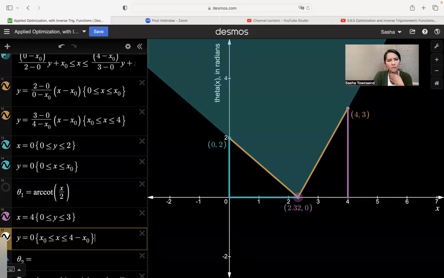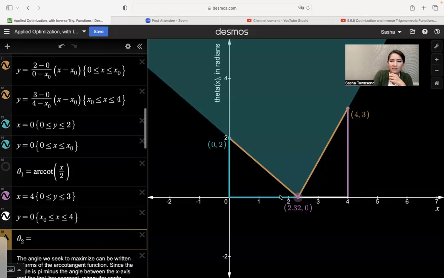I see that we can't quite do that, because if I have x naught greater than 2, then 4 minus x naught is going to be smaller than x naught. I'm sorry, the upper bound is just 4. So x starts at x naught and ends at 4, and the length of the line segment is 4 minus x naught. Sorry about that. I hope that makes sense now.